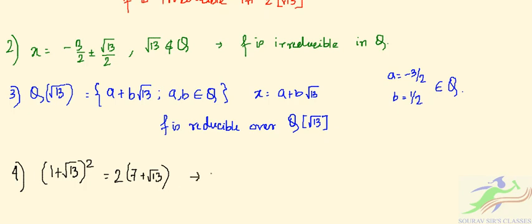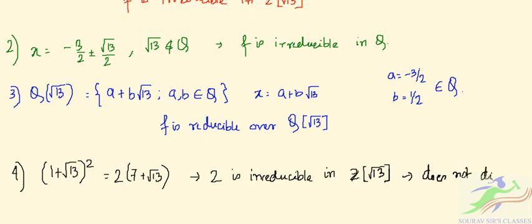So 2 is irreducible in Z of root 13, okay, but it does not divide. Let's write Z of root 13.